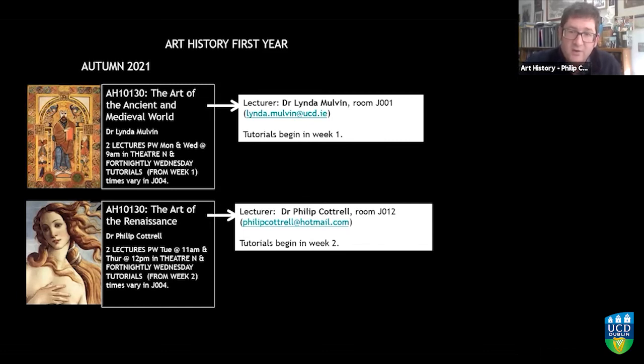But at the same time, there's a course that I run, the Art of the Renaissance. This looks at a very important, fertile period in Western culture from around 1300 to 1600. And it's at this time that some of the first great superstars of Western art emerge, whether it's Michelangelo, Raphael, Leonardo, or Titian.